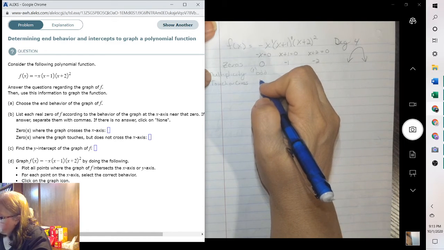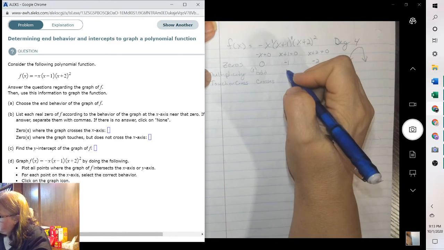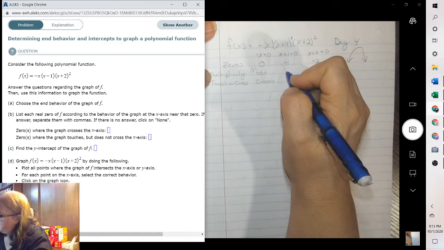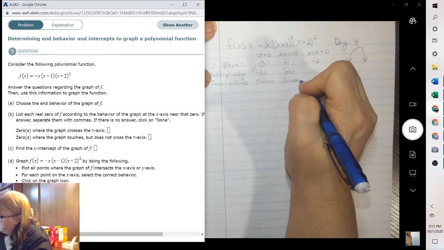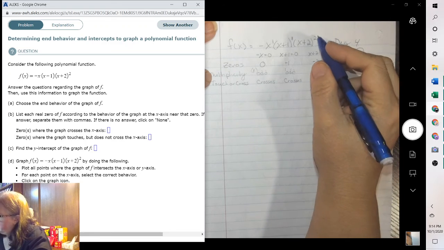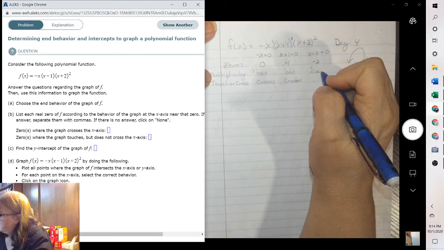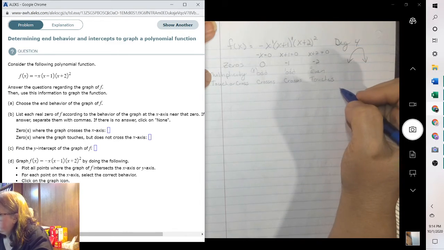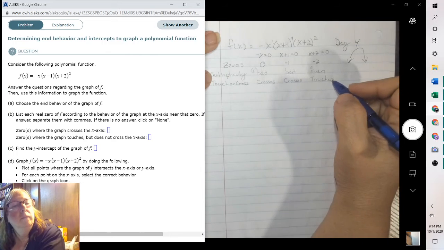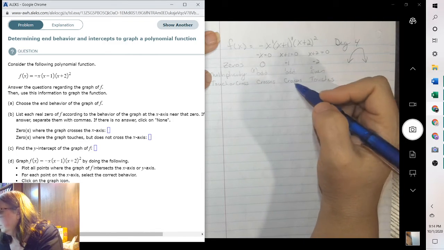So it crosses. This one's also 1, so it's odd. It crosses. This one, the exponent is even. It was a 2, so it touches. So this one goes with the touching, and these two go with the crossing.